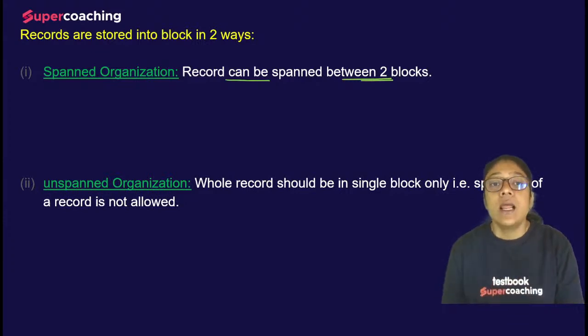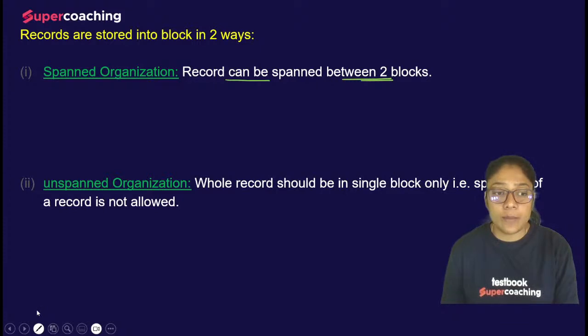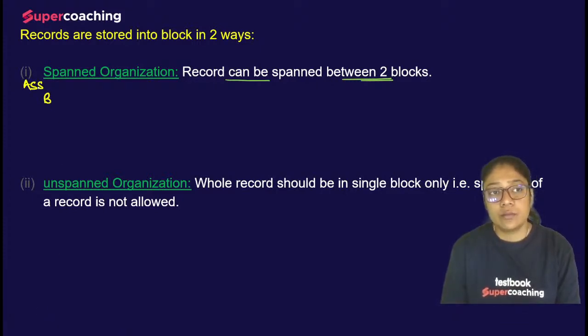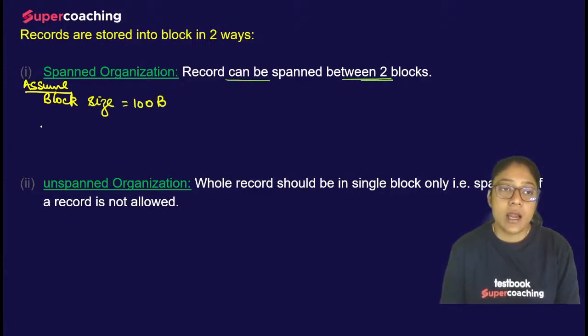For example, let us assume that we have the block size as 100 bytes. Assume, this is just for our assumption. I'm assuming that we have a block of size 100 bytes and the record size is 40 bytes.